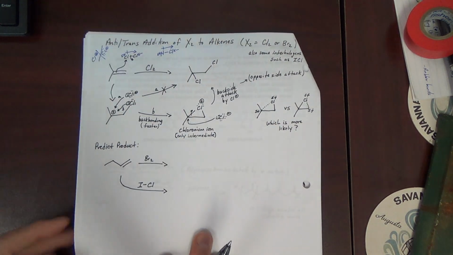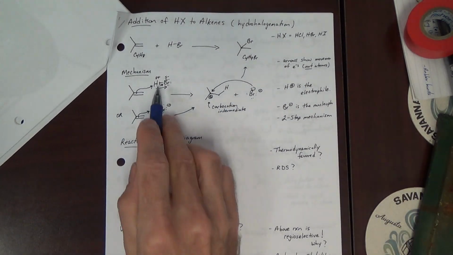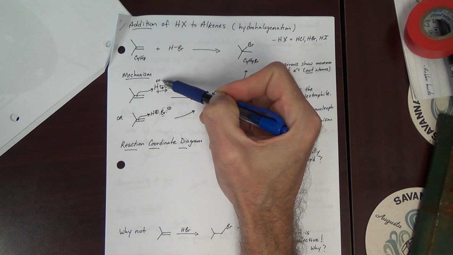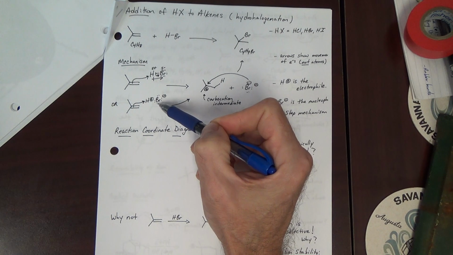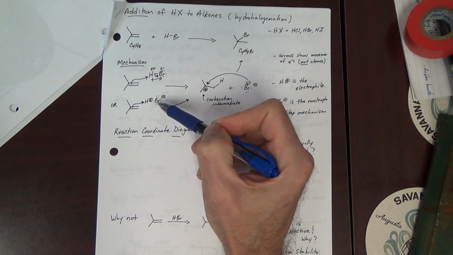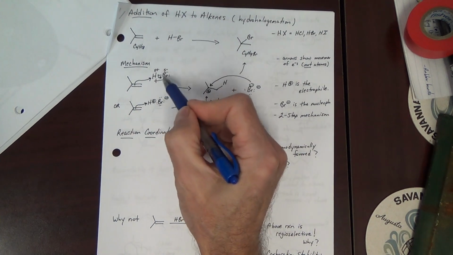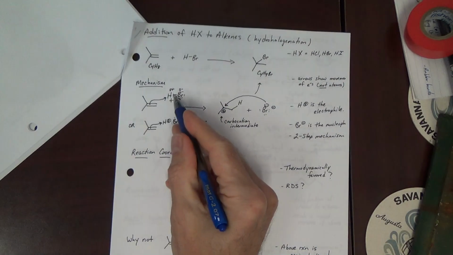We did that previously over here with HBr. We looked at it as either covalent or ionic. But with the elemental halogens, it can only be covalent. But we're going to do the same type of mechanism here.